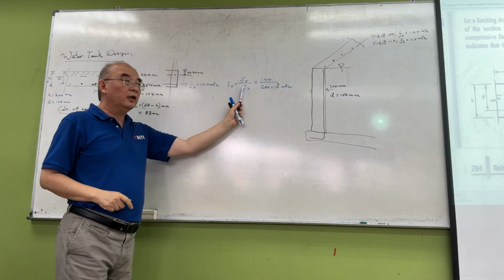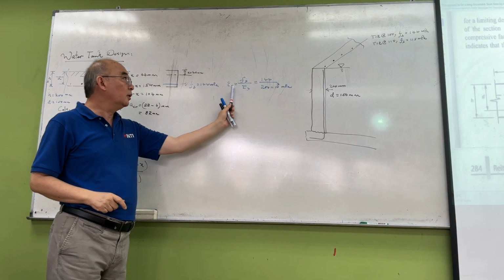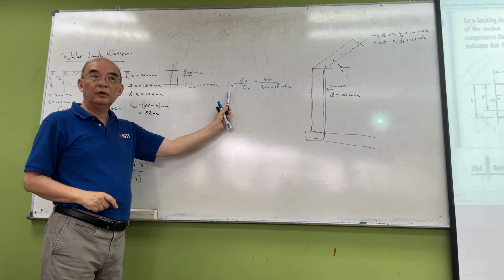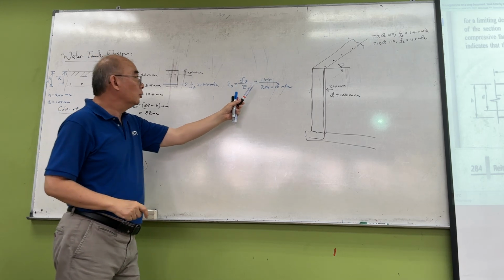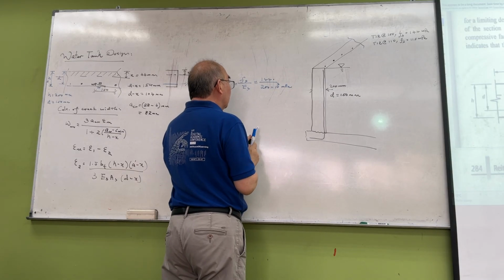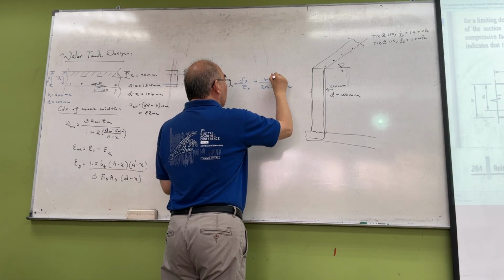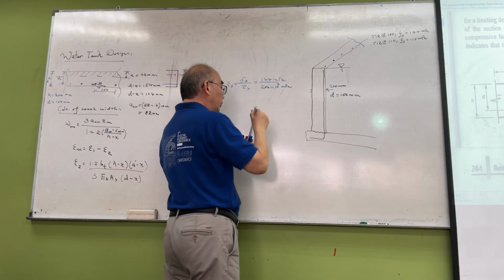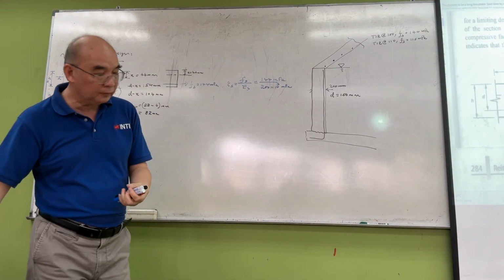The stress divided by the Young's modulus gives you the strain of the steel. So 144 MPa divided by 200 times 10 to the 3 MPa.